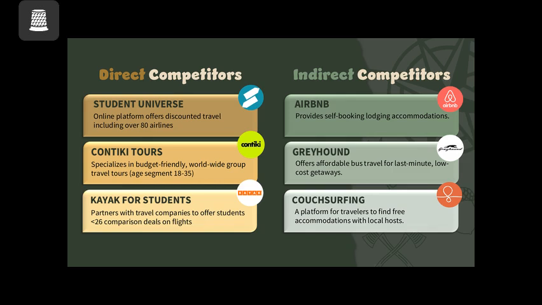And finally, we have Couchsurfing, which connects travelers with local hosts, offering free accommodations, fostering cultural exchange and community-focused travel. These services meet some of the needs we address, but they require more effort and planning from the traveler, unlike our all-in-one stress-free packages designed specifically for students.